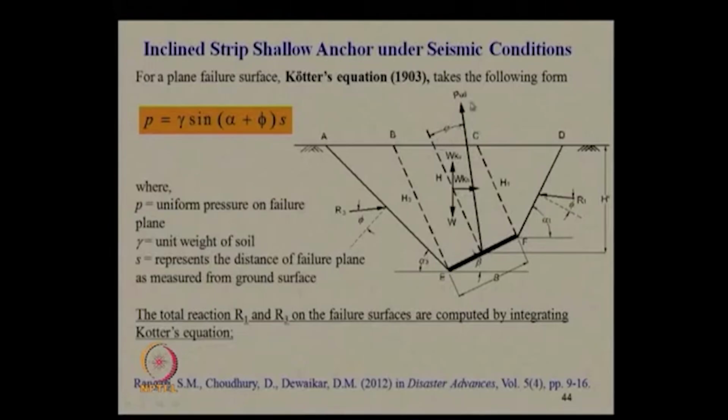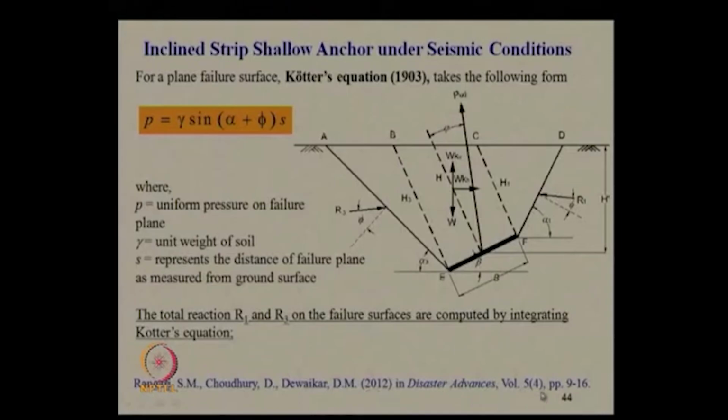It is quite possible that you have used an anchor plate inclined like this, and your line of action of load can be inclined to the vertical on that plane. So, for that complicated condition, how the reactions and the uplift capacity have to be determined has been analyzed. The details you can find in this journal paper, Rangari, Chaudhary and Divakar 2012, in the journal Disaster Advances.